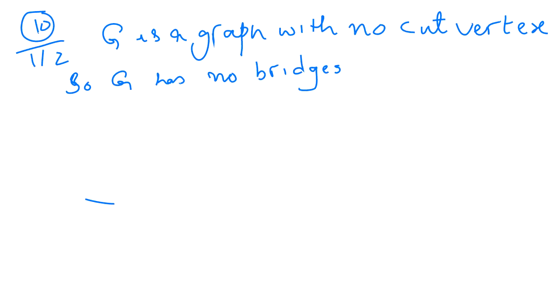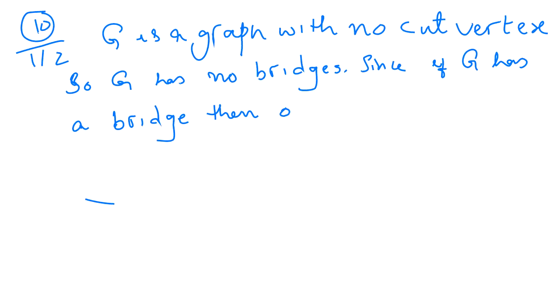Why is it not putting a dot there? Since if G has a bridge, then at least one vertex of the bridge has to be a cut vertex.